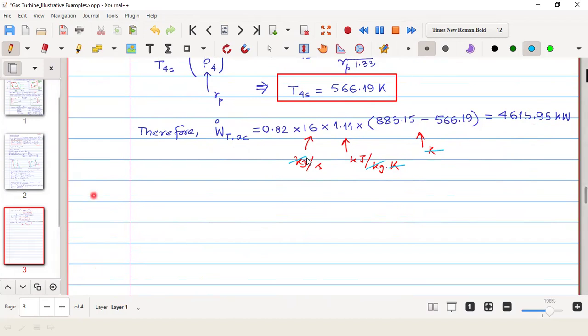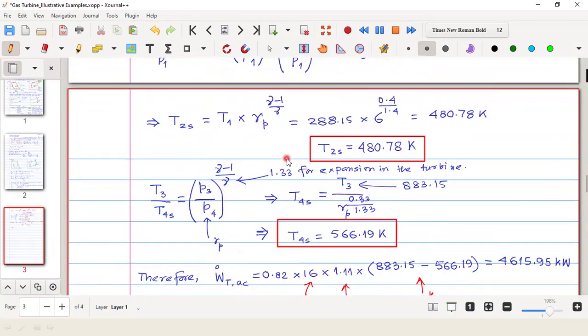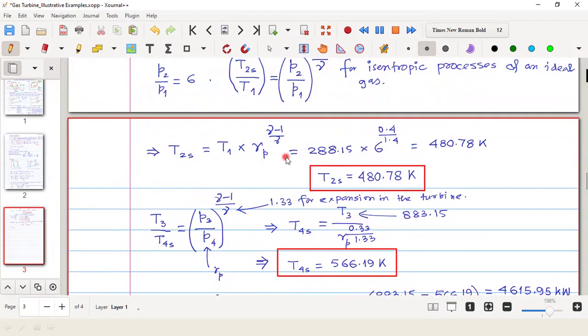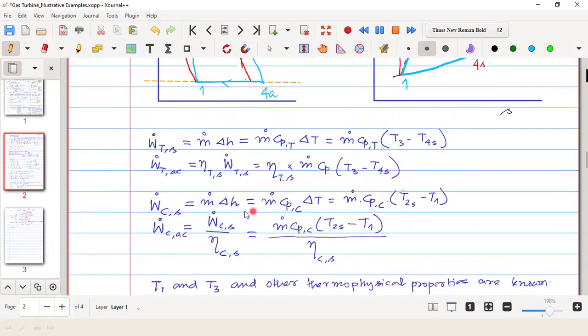in the same way, compressor actual work. What is that? Now you see that it is the isentropic work divided by the efficiency.